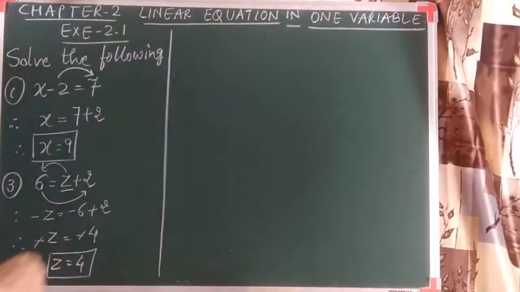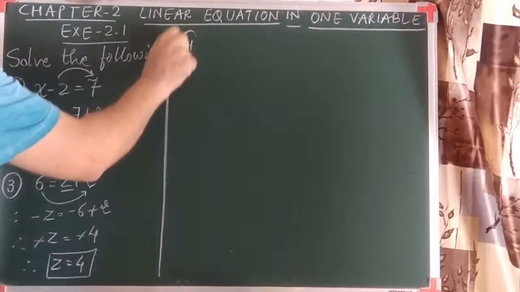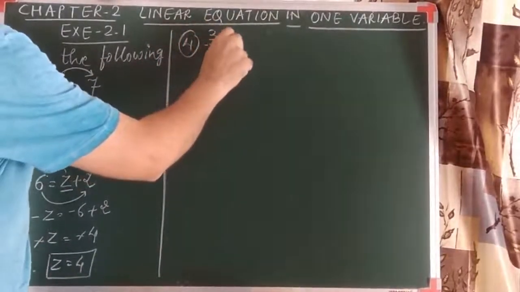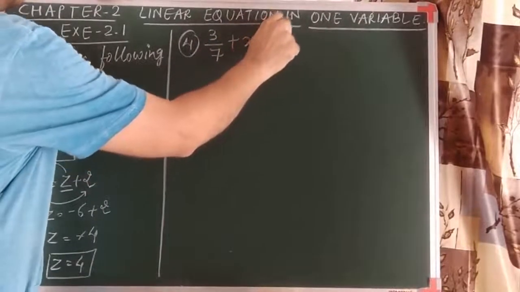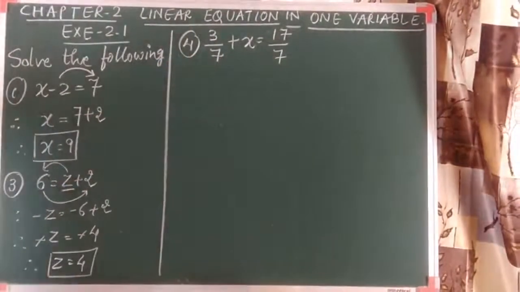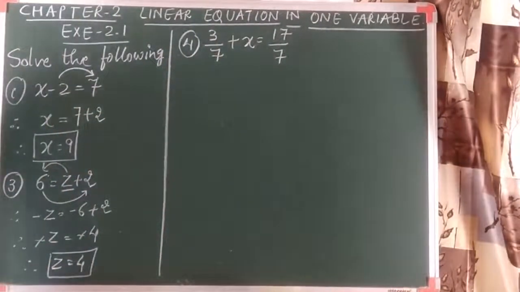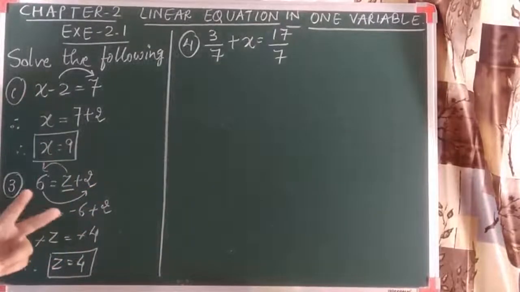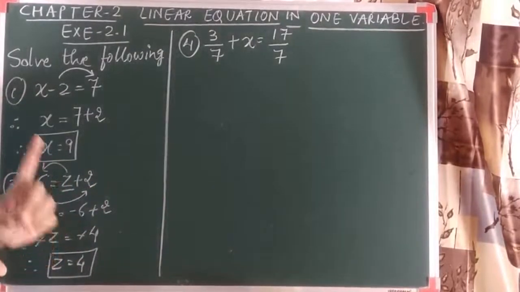Let's go for one more question. Now look at this. It is 3 by 7 plus x is equals to 17 by 7. Now throughout this chapter, this is the second condition we should remember. What was the first condition?